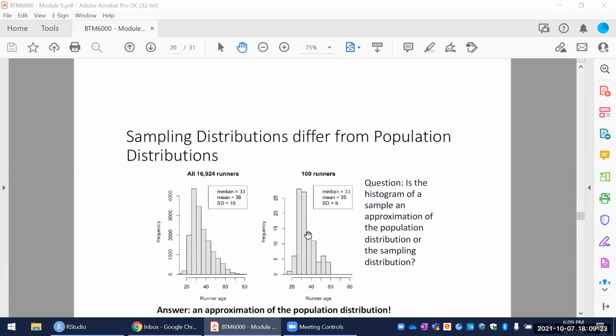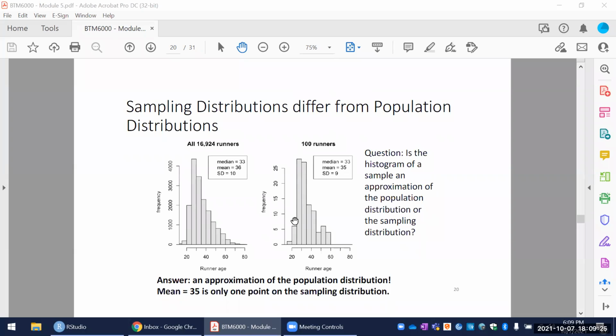The sampling distribution is built mainly out of means. You can also use different statistics, but most commonly it's the mean, and this is the one of interest for our parametric tests. We quantify the mean of the sample. This mean is meant to represent the mean of the population, but only if you have repeated means do you get a sampling distribution whose mean will reflect the population mean.